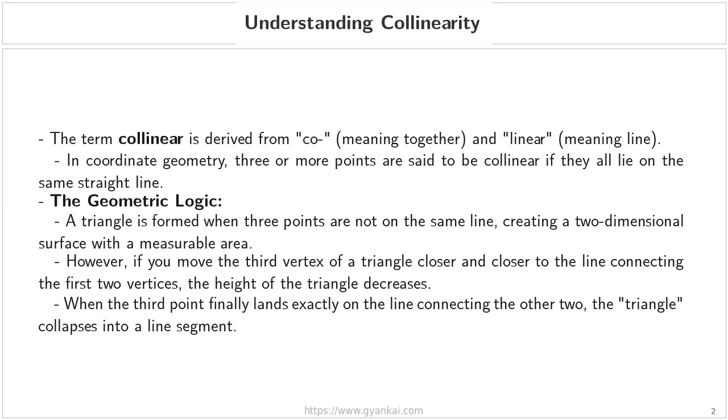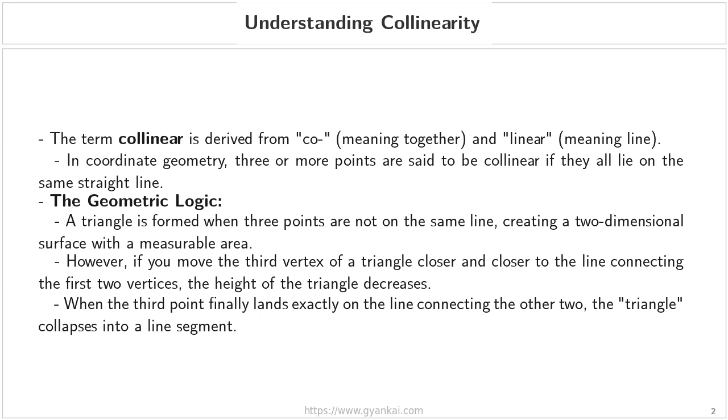But why does this matter for our study of determinants? Let's look at the geometric logic behind it. Think back to a standard triangle. A triangle is formed when 3 points are positioned such that they are not on the same line. This arrangement creates a two-dimensional surface, which gives us a measurable area. However, imagine a dynamic scenario. Suppose you have 2 points fixed on a line, and you take the third vertex of your triangle and start moving it closer and closer toward that same line.